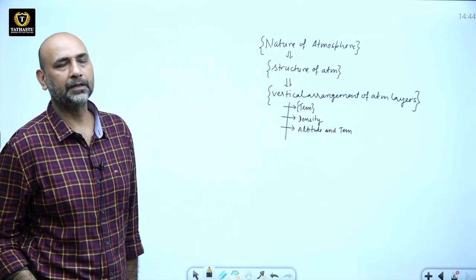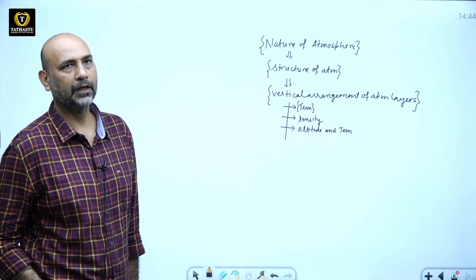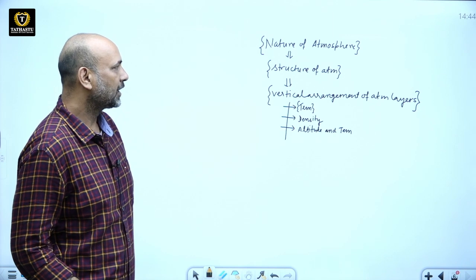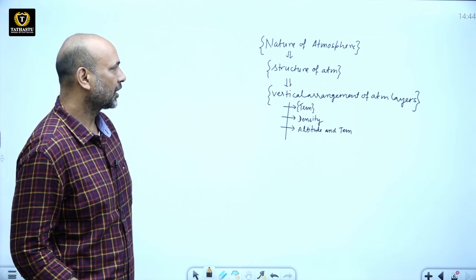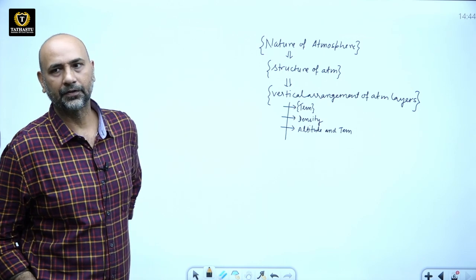These three parameters are used to determine the vertical arrangement of atmospheric layers, known as structure of atmosphere, and that also describes nature of atmosphere.